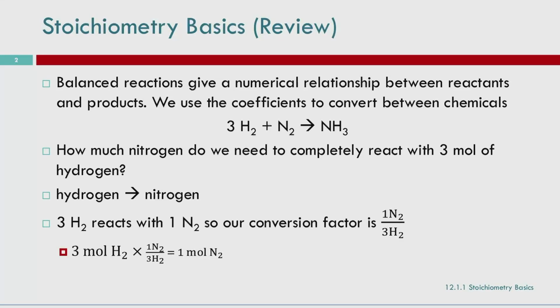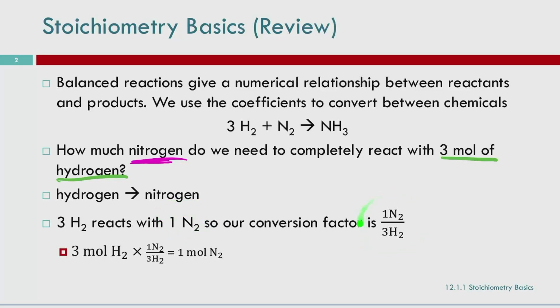So we could say that if we put in 3 moles of hydrogen, how many moles of nitrogen, or how much nitrogen do we need to react with that? So it'd be starting from the amount of hydrogen, 3 moles, going to the amount of nitrogen. It turns out 3H2, that's our hydrogen, reacts with 1N2.